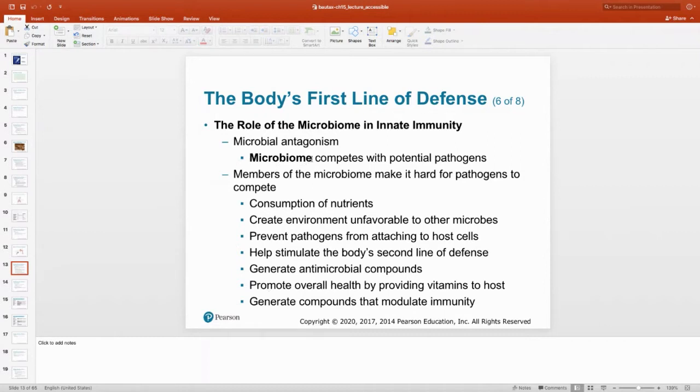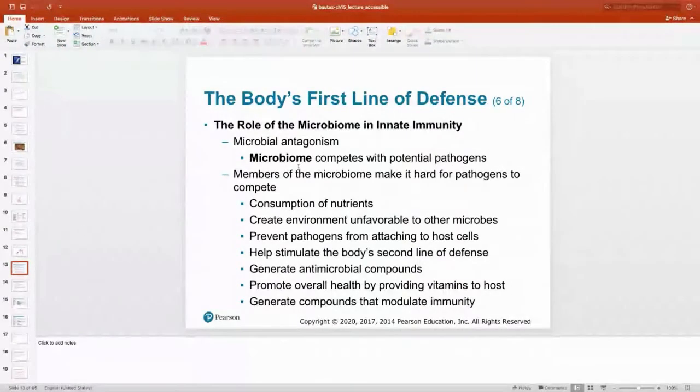When we take antibiotics, we sometimes kill the microbiome in addition to the bacteria the antibiotics target. But keep in mind that bacteria are not the only pathogens. Then the microbiome isn't eating the nutrients, and the environment is no longer unfavorable. There's an open niche, and fungi and bacteria that have not been killed can colonize and sometimes cause a secondary problem.